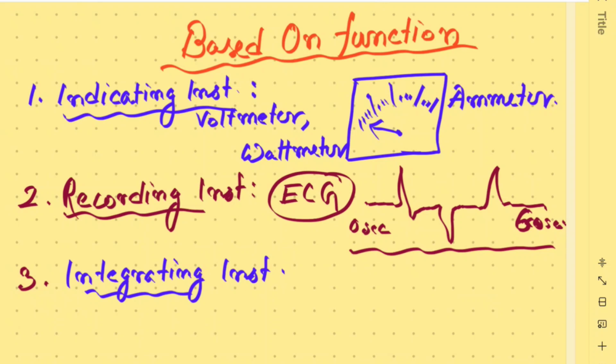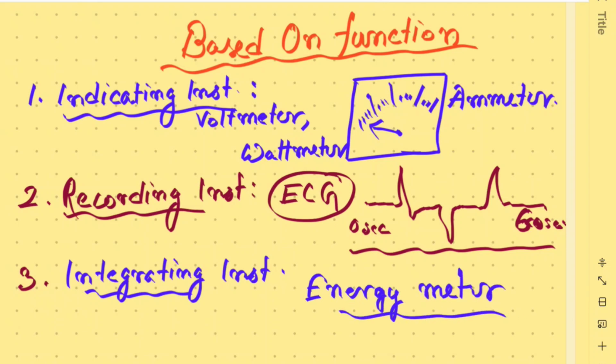An example is the energy meter. It is continuously taking the reading and adding up the values, and monthly or daily it gives the total data, meaning how much energy we are consuming. That's why it is called an integrating instrument. So these are the three instruments based on their function.